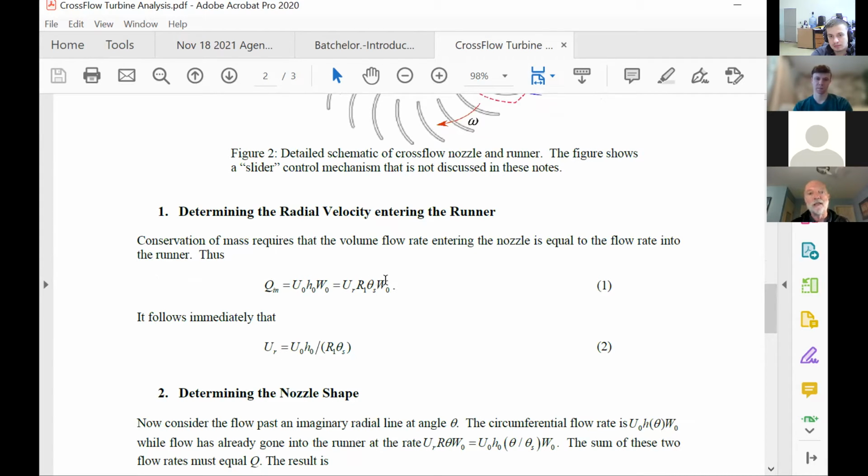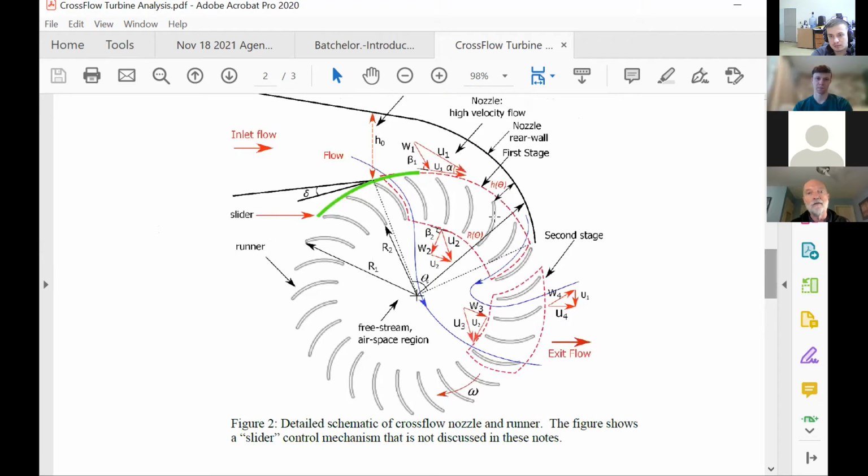Okay, and that's basically what that expression says. And that immediately gives us an expression for the radial velocity, because the radial velocity that is coming in to the runner through this point here is the means by which the water is actually entering the runner.